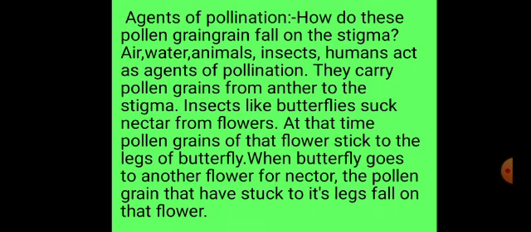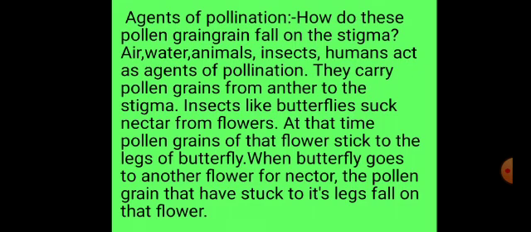Insects like butterflies and honeybees suck the nectar from flowers. What is nectar? The sweet juice present in the flower is called nectar. At that time, the pollen grains of the flower stick to the legs of the butterfly.